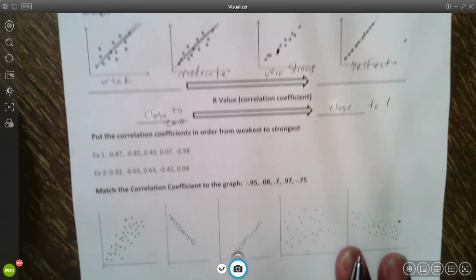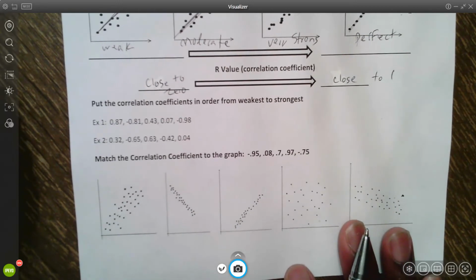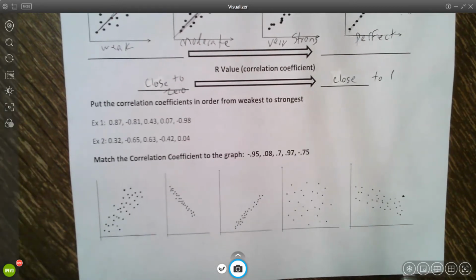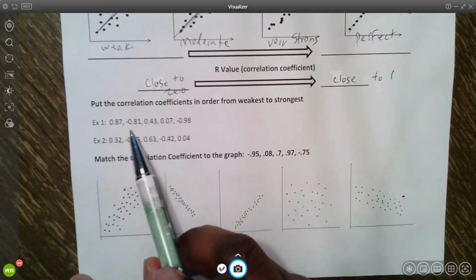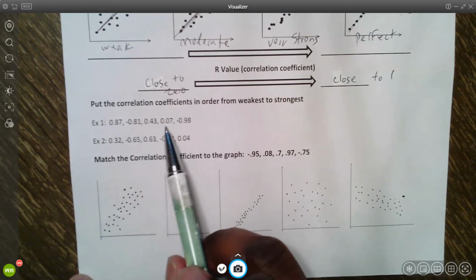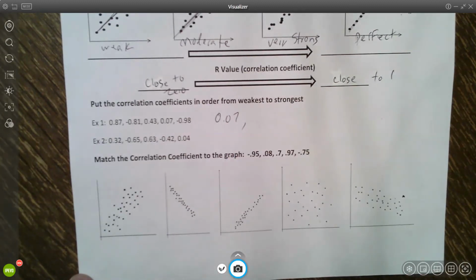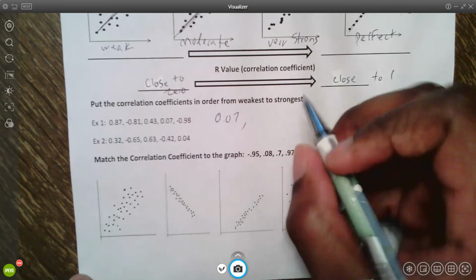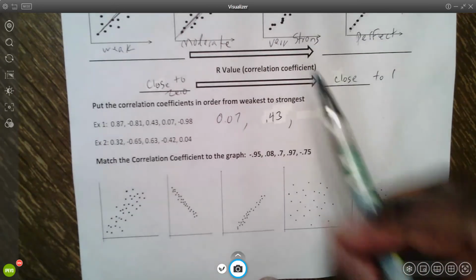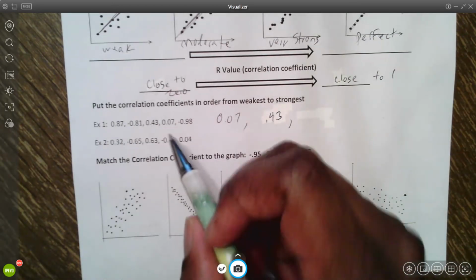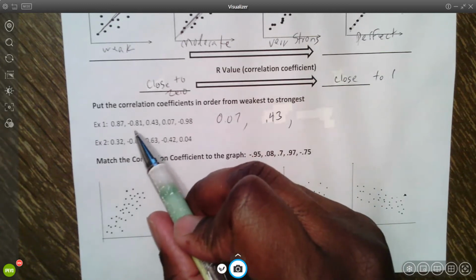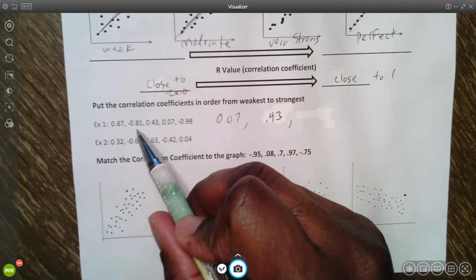The next set of questions says, put the correlation coefficients in order from weakest to strongest. Looking here, my weakest correlation is something close to 0. My closest one to 0 is 0.07. The next number up from there is 0.43. The strongest correlation after 0.43 is negative 0.81.